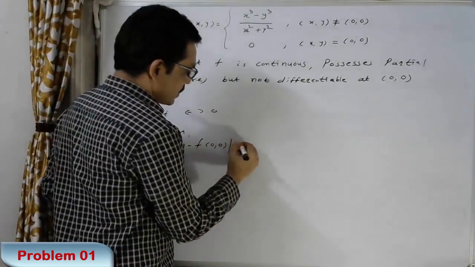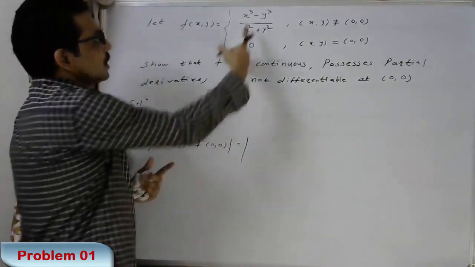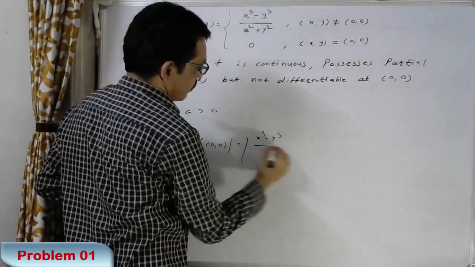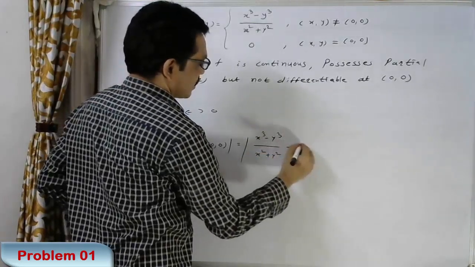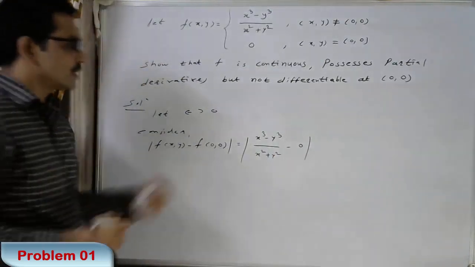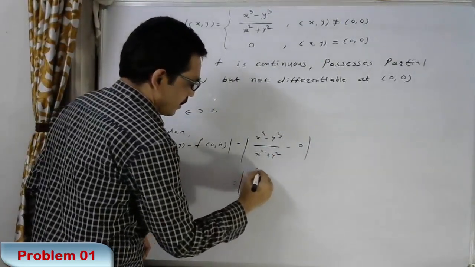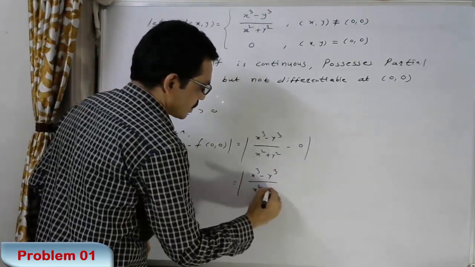Then this is equal to the modulus of (x cube minus y cube) divided by (x square plus y square) minus 0, which is equal to the modulus of (x cube minus y cube) divided by (x square plus y square).